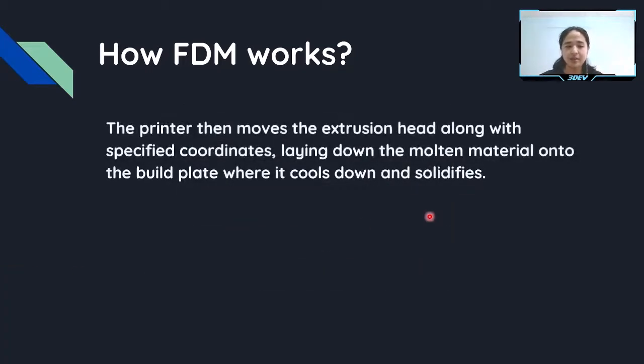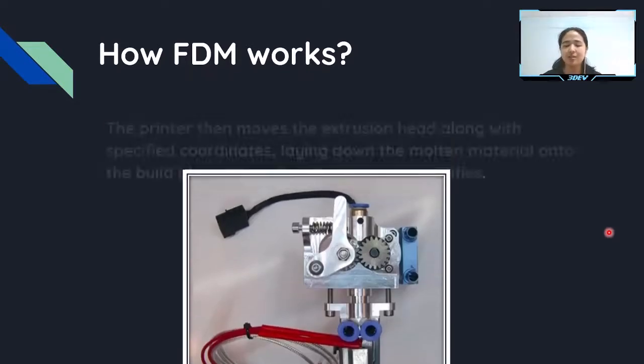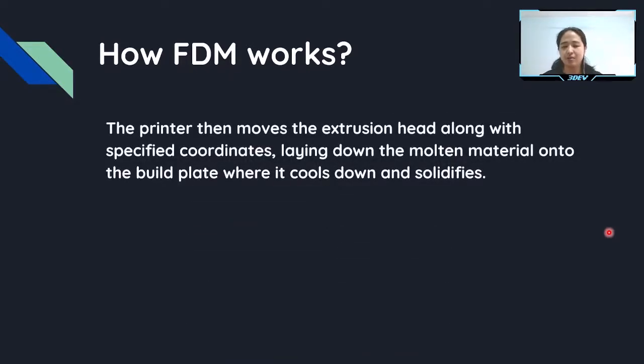Next, once the filament is melted, the printer will move the extruder head, which is the part you saw in the picture over here, along specific coordinates, laying down the molten material onto the build plate, where it cools down and solidifies.